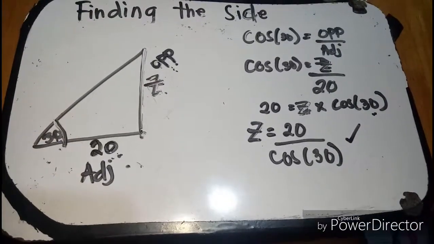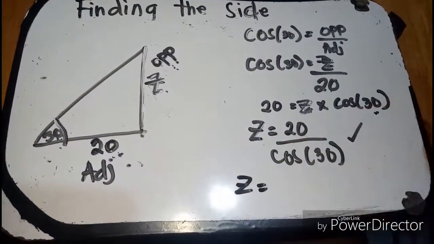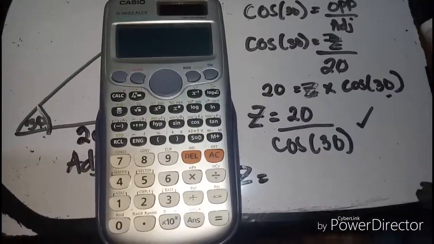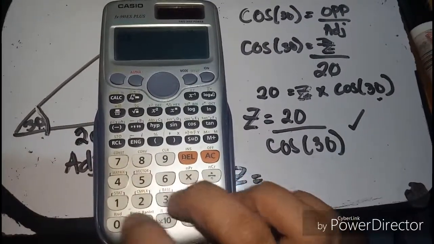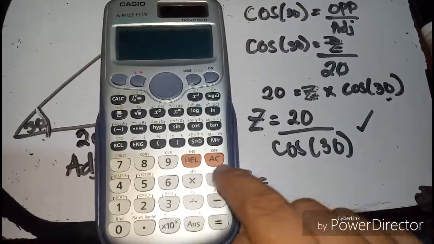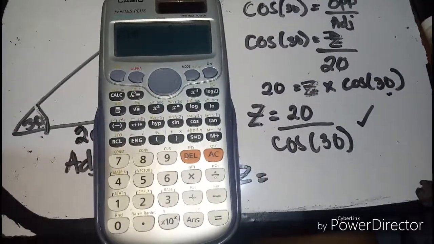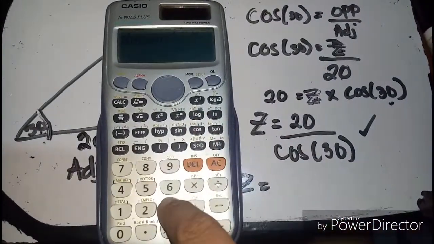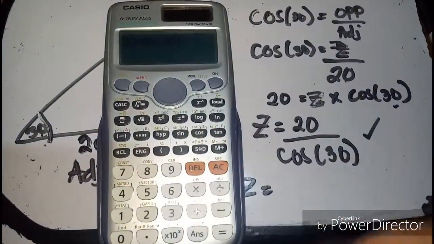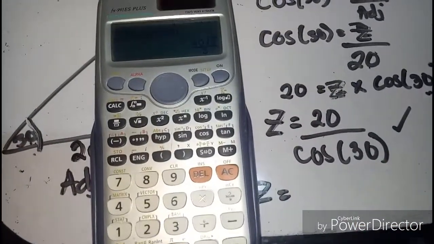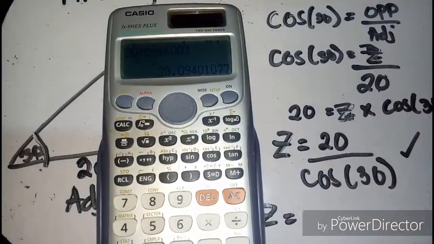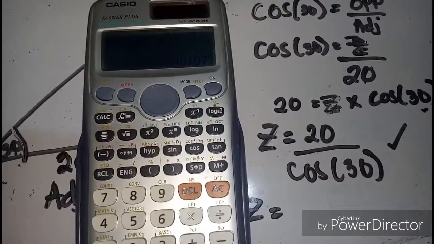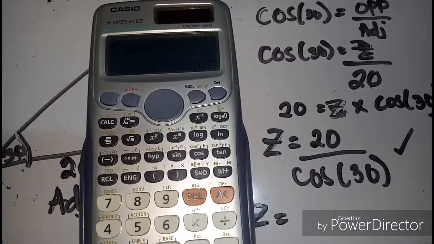So our formula is proper. So z equals, we're going to use the calculator again. 20 divided by cos angle of 30 equals 23.00940. 1077.